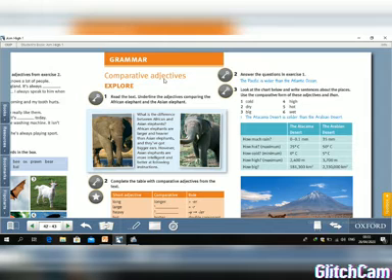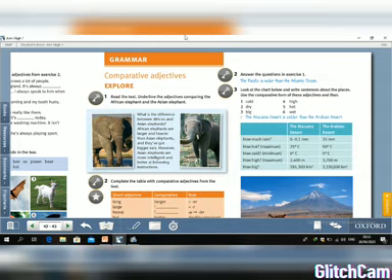Before starting, we know that we have two kinds of adjectives: long adjectives and short adjectives. Short adjectives have one syllable, like big, small, young.